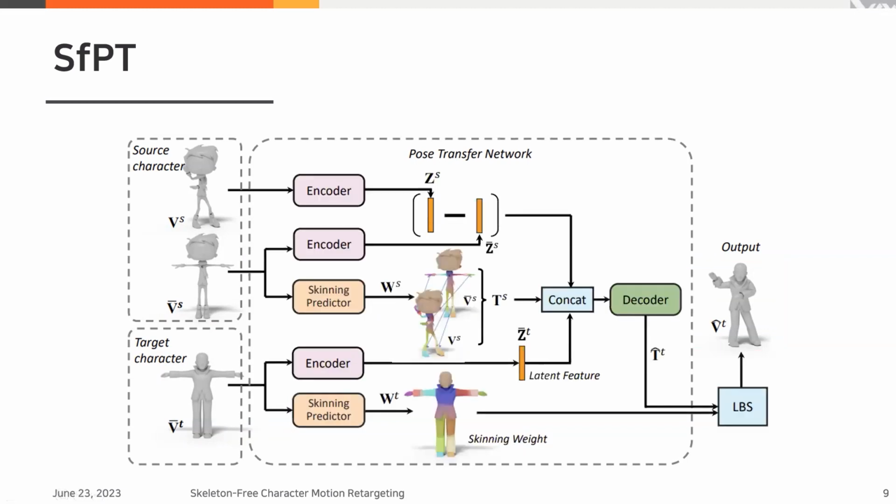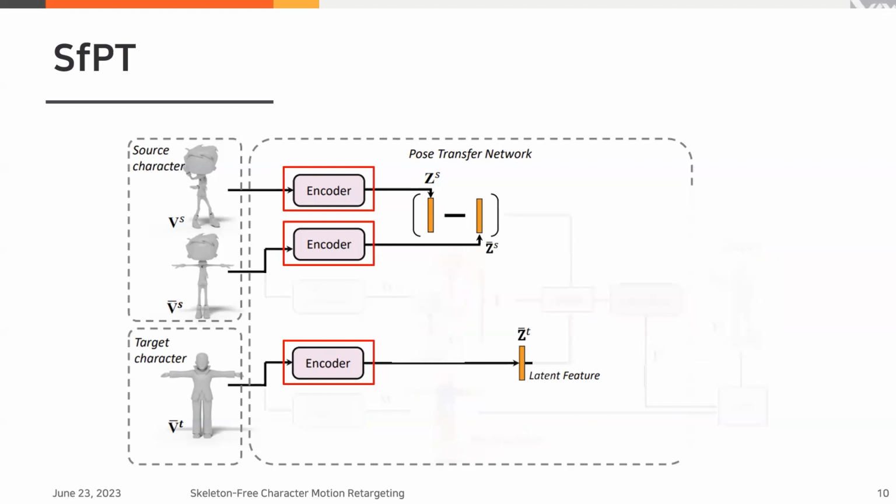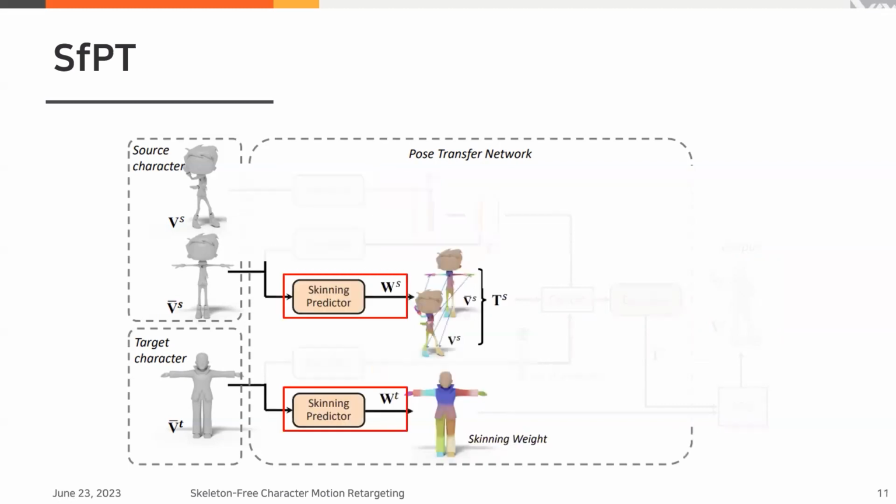To achieve their goal, they propose the pose transfer network as follows. It consists of multiple encoders for each input mesh, skinning weight predictors for each rest pose mesh, and one decoder that estimates the vertex transformations from their outputs. The mesh encoders encode the input mesh into a latent feature that embeds both pose and shape information.